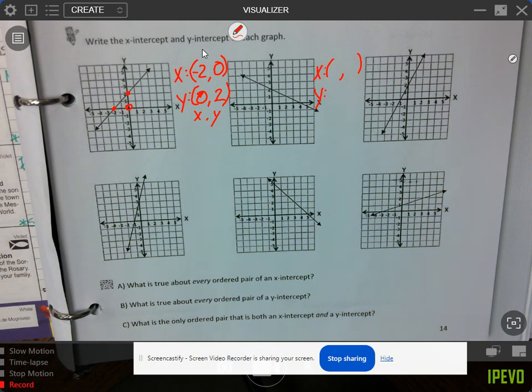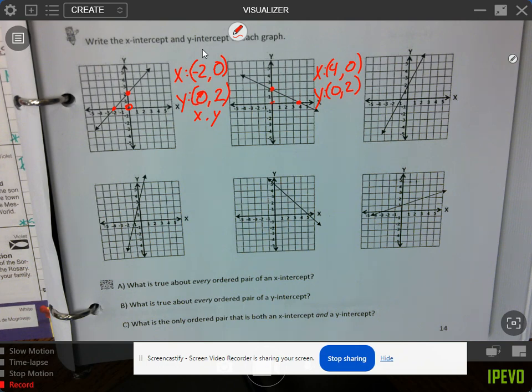So if I go on that x-axis, it crosses at 4, my y is 0. What would my y-intercept be? Owen? (0, 2). Because if x is 0, it crosses the y at 2.